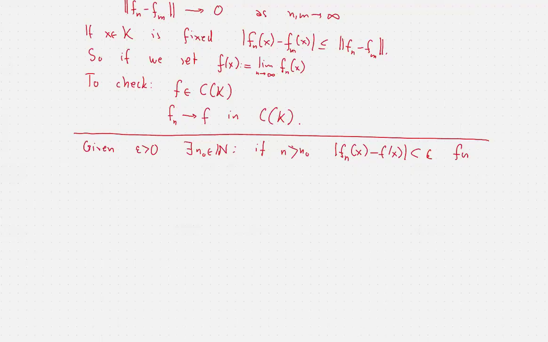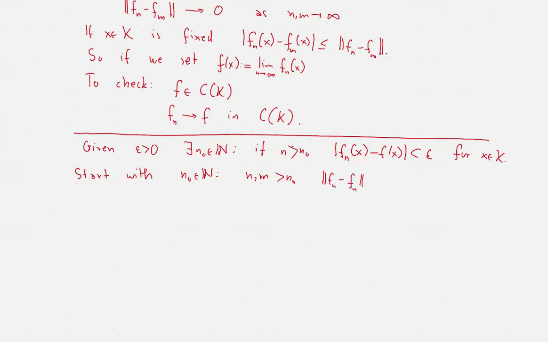This is actually pretty straightforward. All we need to do is start with n naught in N, so that for n, m greater than n naught, the norm of f_n minus f_m is less than epsilon over 2.